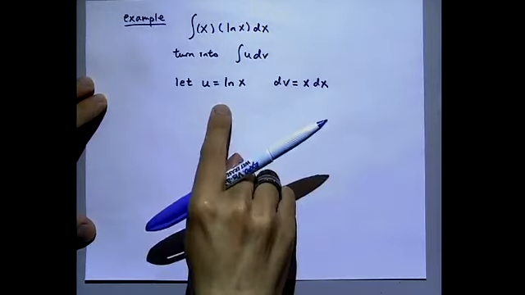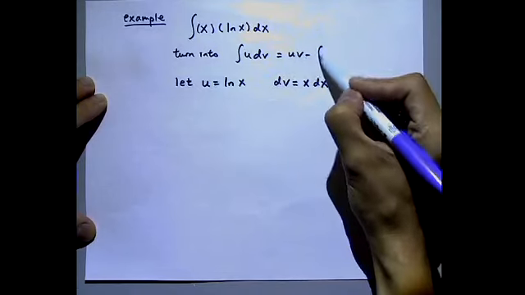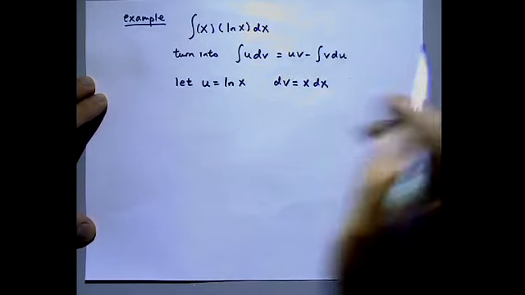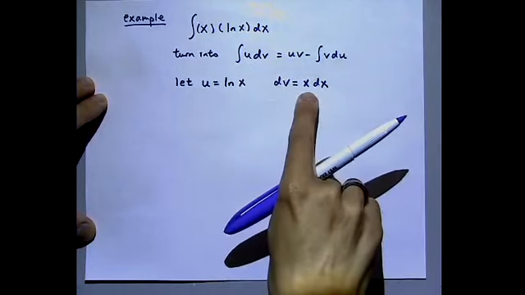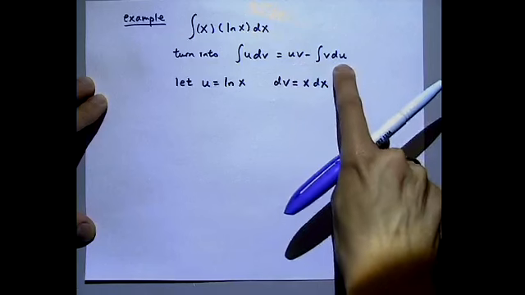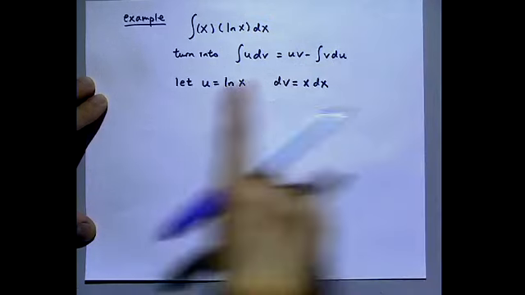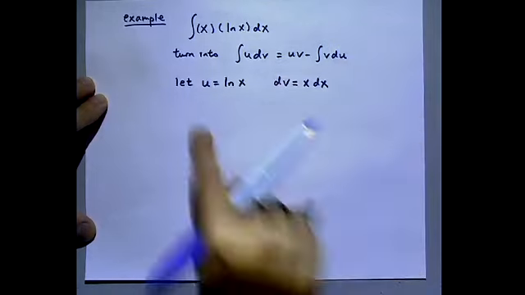And then what's next here, note in the formula that we saw in the last page, remember, now I've identified u and dv. But to complete the integration, I need to know v. I also need to know du. If I have u, then du is simply the derivative of u.